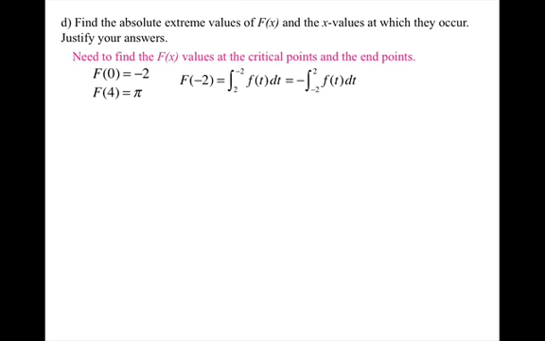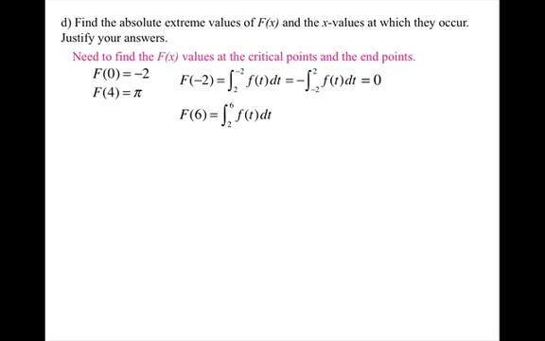When you look at the graph, you'll notice that from 0 to -2 and from 0 to 2, you basically have the exact same triangle, just one's above the x-axis and one's below the x-axis. Since the one above the x-axis has positive area and the one below has negative area, the area underneath the curve from -2 to 2 is 0.